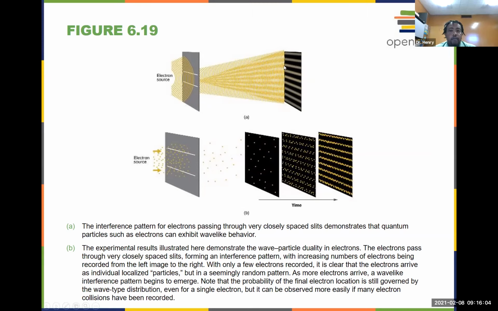But if we're lowering the amount of particles, or the electron source was less, they saw the scattering. But over time, it started to resemble as if it was a total wave. So enough of those particles going through will act, because they're moving in that wave-like motion, just like a continuous wave.